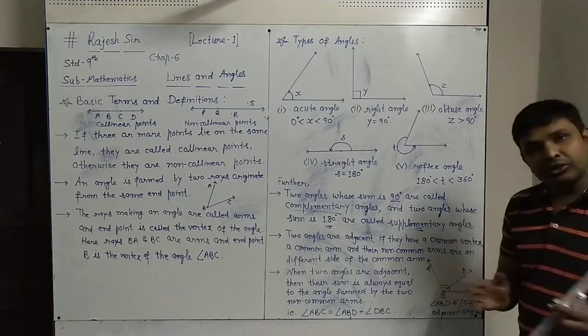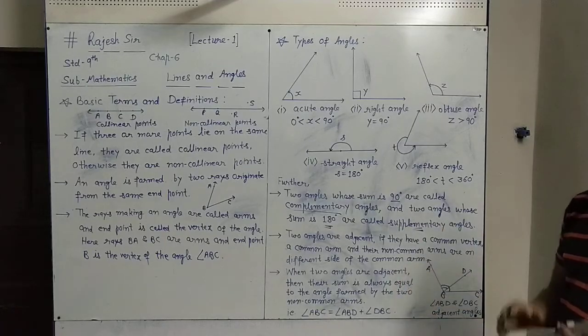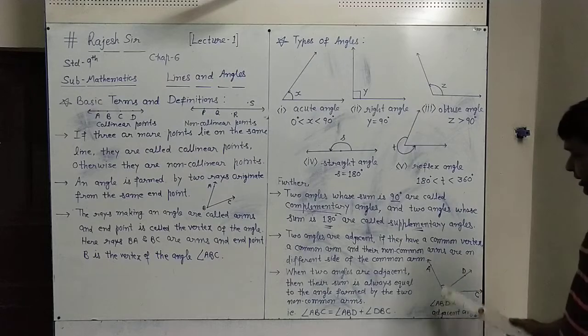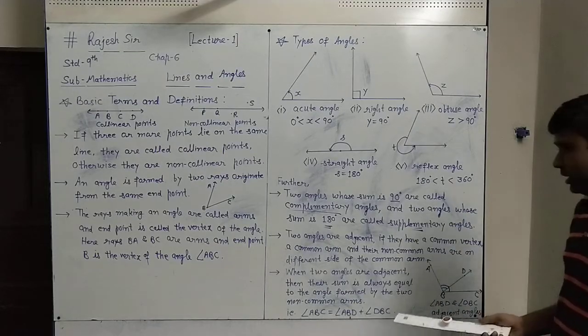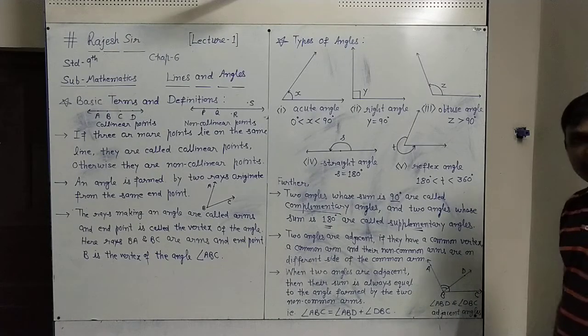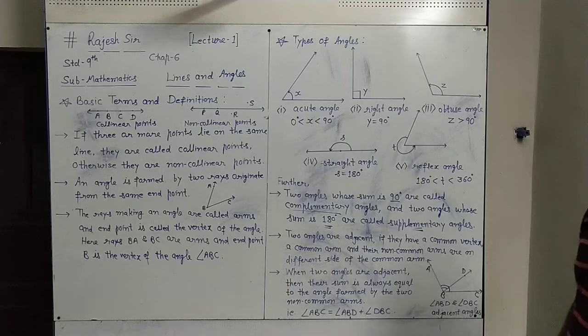So the non-common arms are on different sides of the common arm. They have common vertex B, common arm BD, and non-common arms on different sides of the common arm. So these two angles, angle ABD and angle DBC, are called adjacent angles. By the figure you can understand the situation.